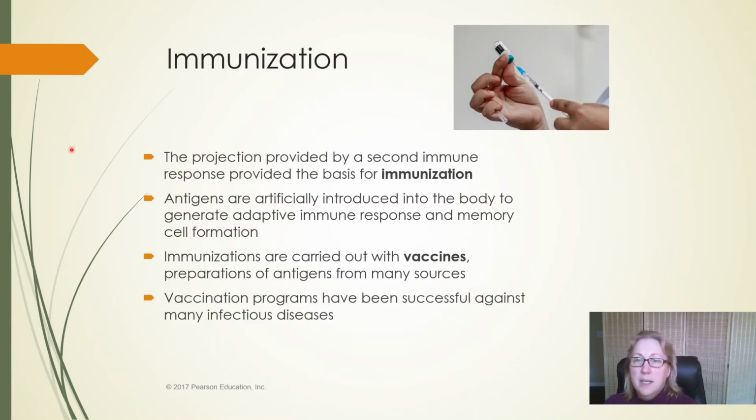So immunization is giving you that primary and sometimes even a secondary exposure, if there's a booster shot, to some antigen. And it's generally not a live bacteria or an active virus, although sometimes it is. Sometimes it's what we call an attenuated virus, meaning that it's not capable of causing a severe infection.